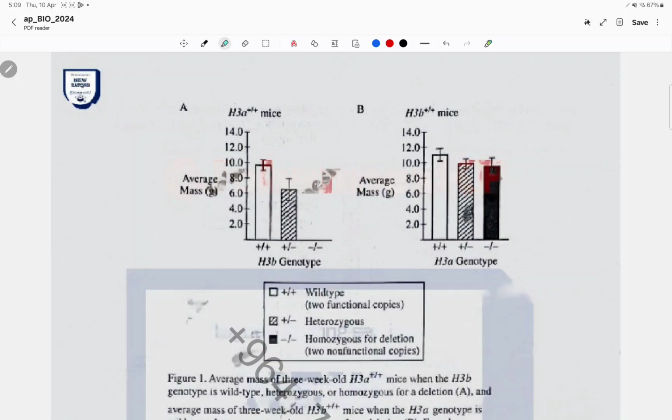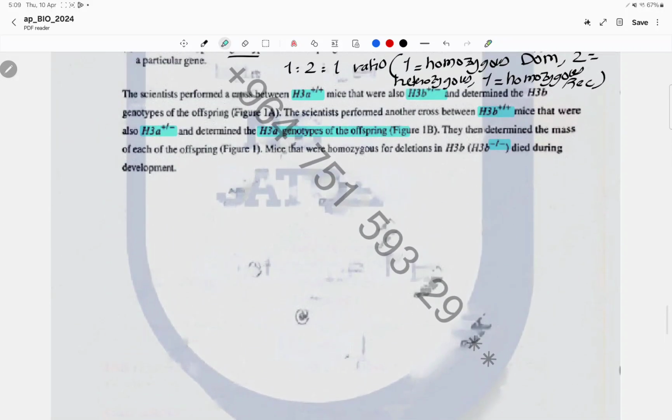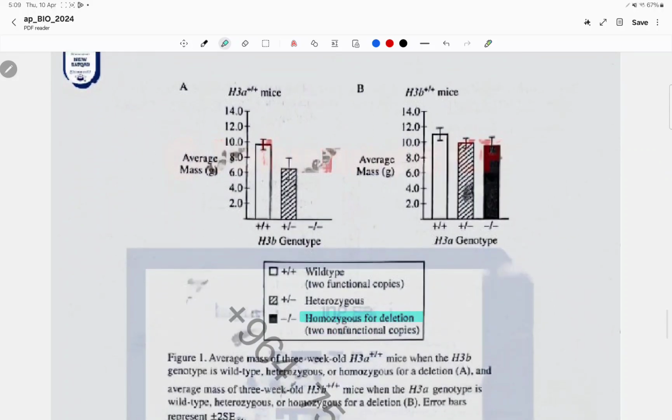So if they were H3B double minus, they died during development. That's why they're going to have zero mass.